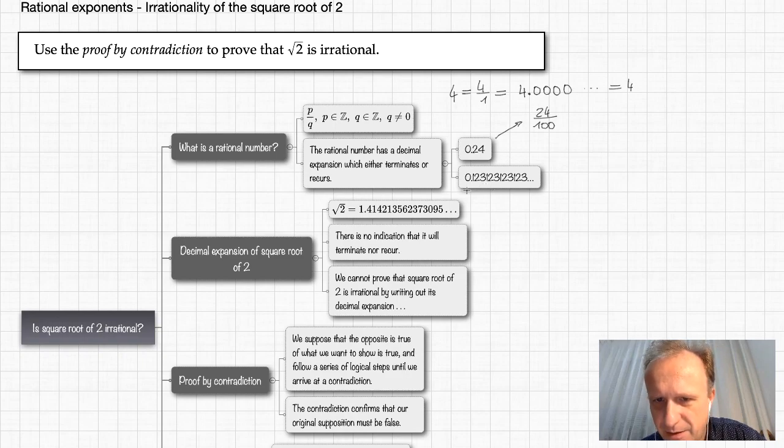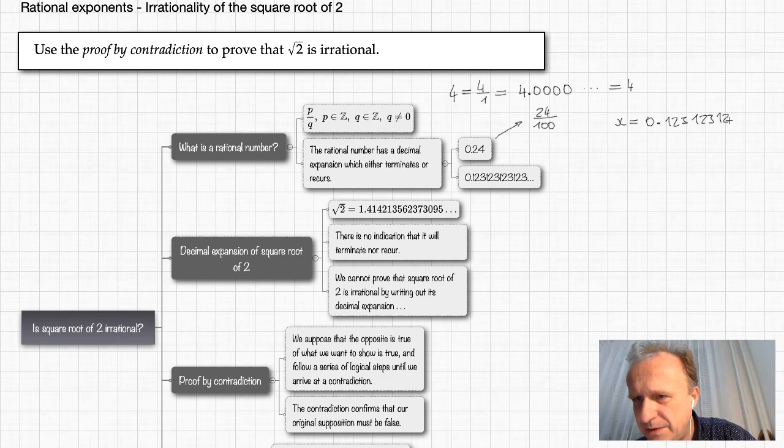This another number here, 0.123, 123, 123, and so on, is an example of a rational number which has a recurring decimal expansion. You may remember from previous years that if I denote its value by x and write it like this, 0.123, 123, and so on, and if I multiply this by 1,000, what I get here is 1000x equals 123.123, 123, and so on.